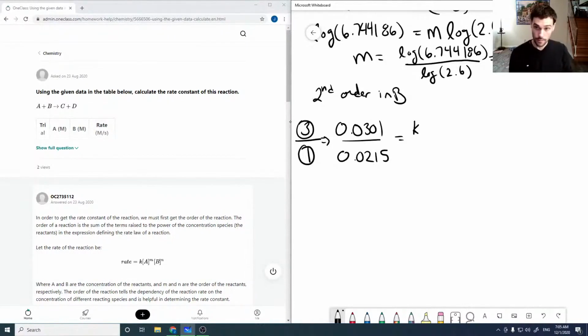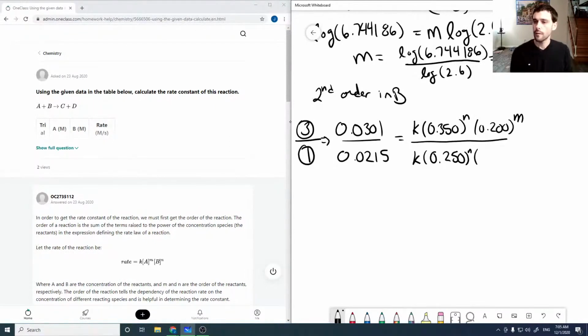So K 0.350 to the N, 0.200 to the M. Now we know what M is, but I'm just going to leave it because it's going to cancel. 0.250 and 0.200. Okay, so the K's will cancel, these guys will cancel.